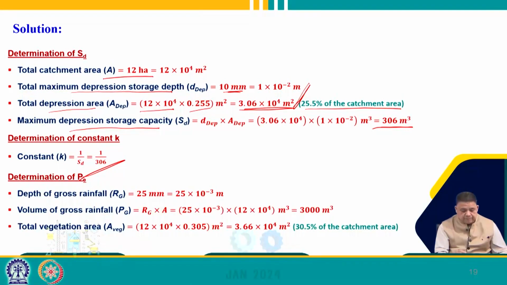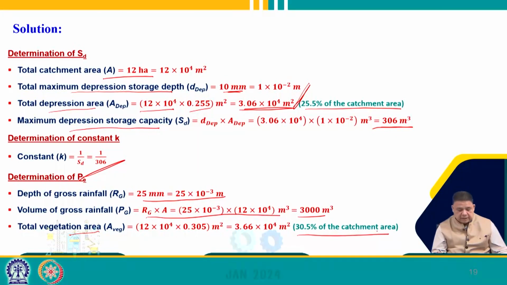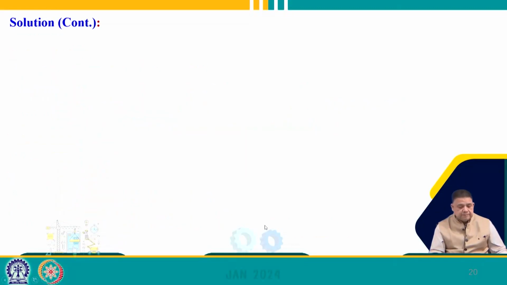Now, effective rainfall. Gross precipitation is given as 25 mm. Volume of gross rainfall can be obtained by multiplying it with the area of the catchment, and total vegetation area is given as 30.5% of the catchment area. So, total vegetation area we can also calculate.